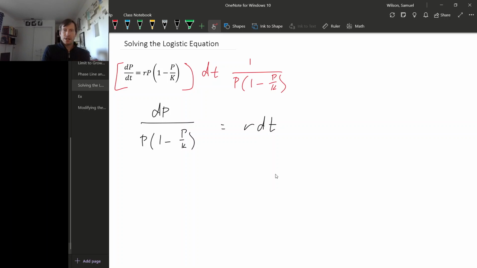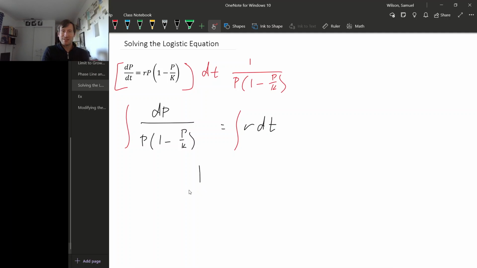Okay. Now remember, the next thing that we're going to do is integrate on both sides. The integral on the right is no problem, but the integral on the left, well, this integrand is actually a rational function of p. So to calculate this integral, we're going to have to do partial fractions.